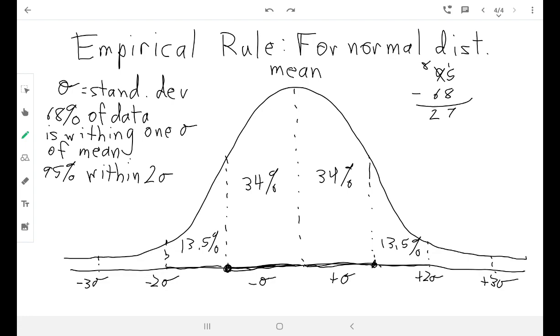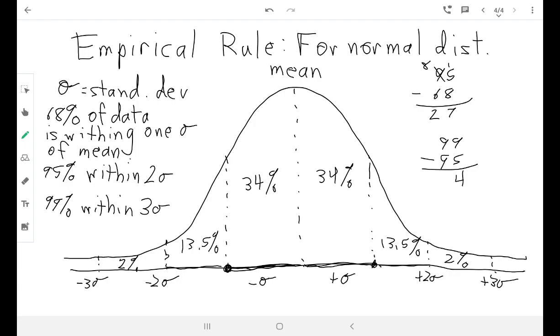And then the last rule is that 99% of the data is within 3 standard deviations of the mean. Okay? So 99 minus 95, there's 4% left here, so if we divide that evenly among the 2, we get 2% and 2%.